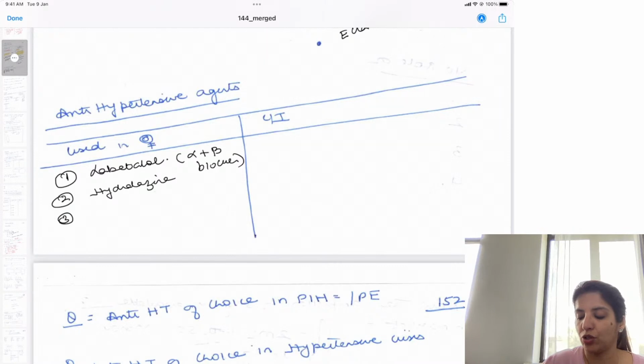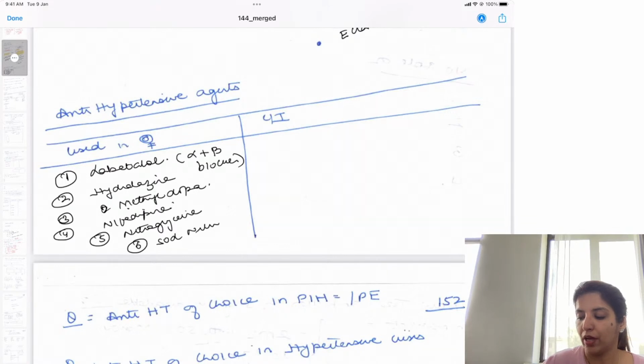Number 3, you can use methyldopa. Number 4, you can use nifedipine. Number 5, you can use nitroglycerine. Number 6, you can use sodium nitroprusside.